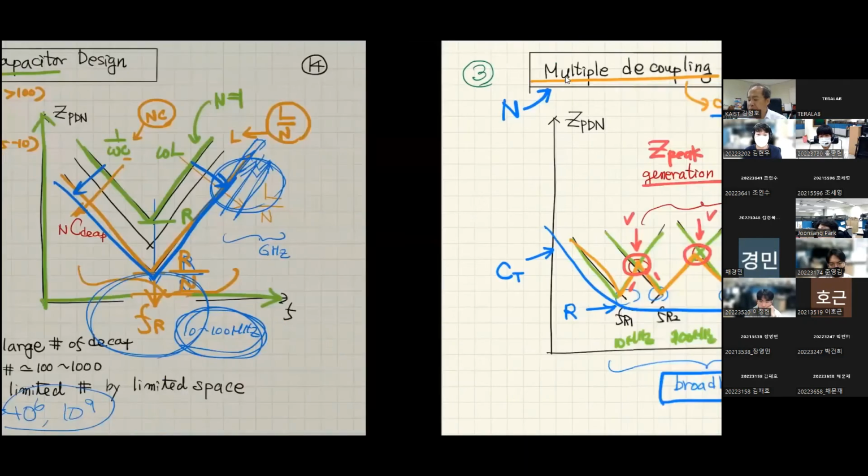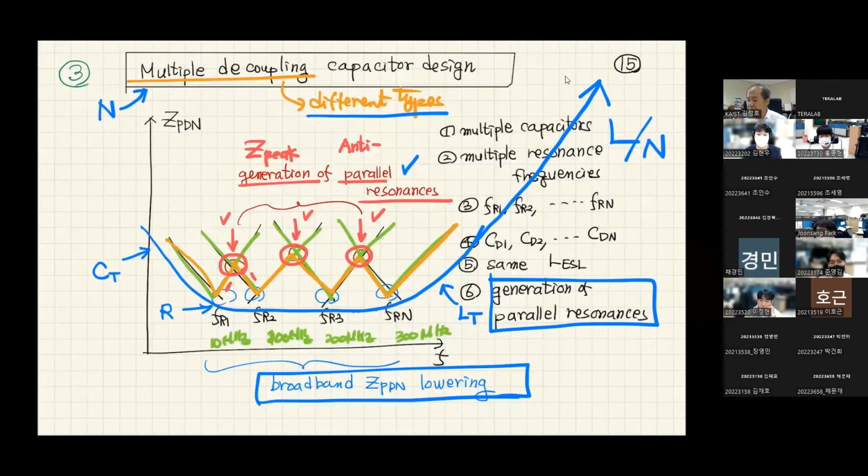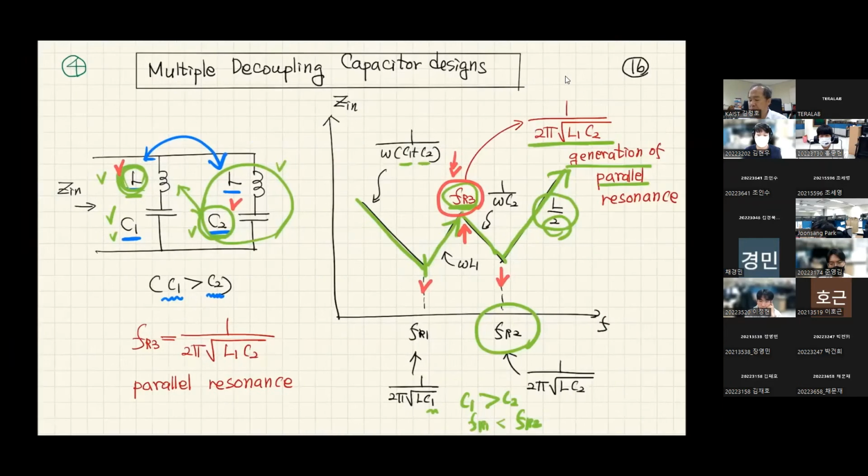Another approach is we want to make a very broad low impedance curve by using multiple decoupling capacitor designs with different types. However, what we found is that if we put many decoupling capacitors with different types, we're going to generate anti-resonance frequencies, and we have to carefully control that. That is the message I wanted to give you so far in this class today.